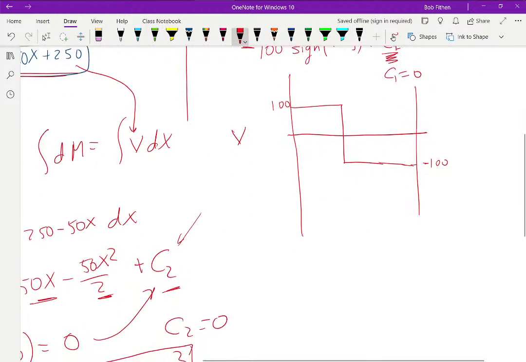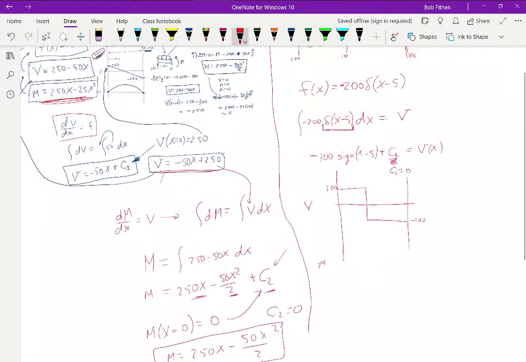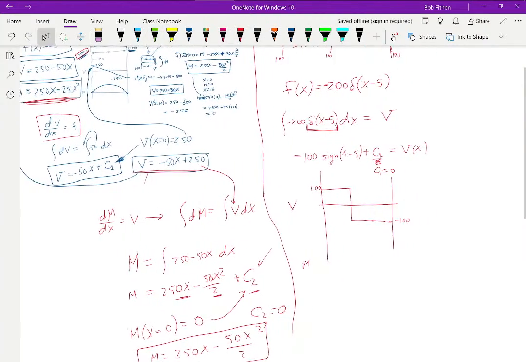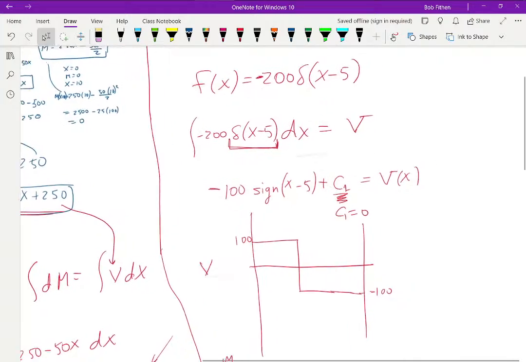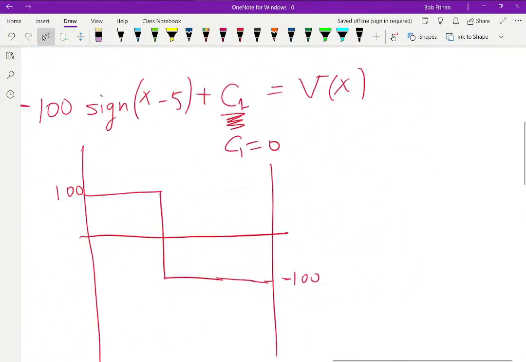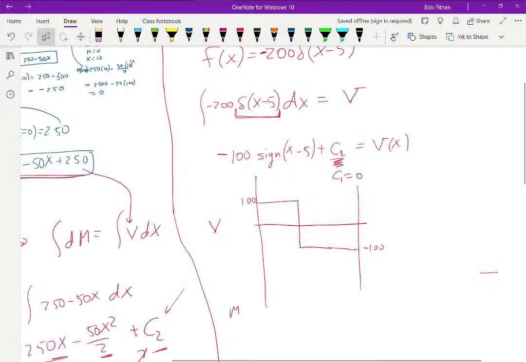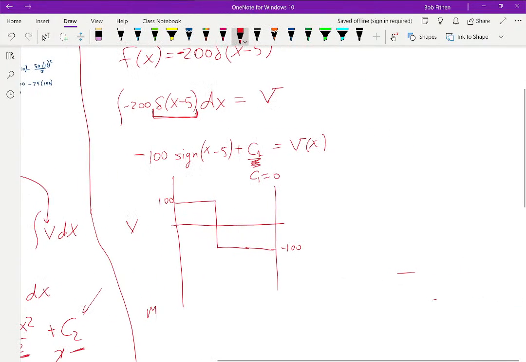So what does the moment diagram look like? Well, here we go. Okay, if this is the shear, let's see, for some reason I can't move to the right. Now, well, here. Okay, now I can.